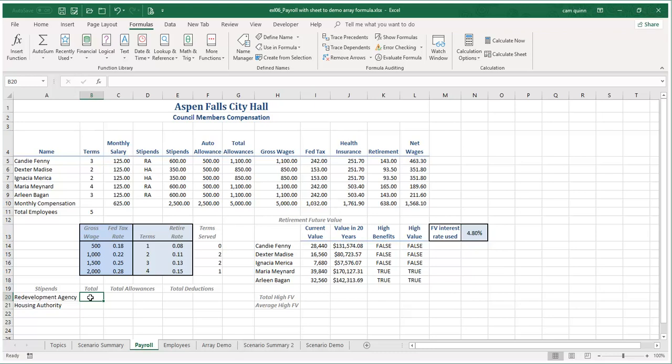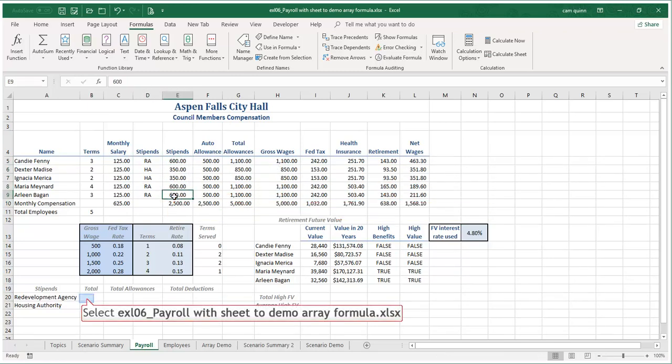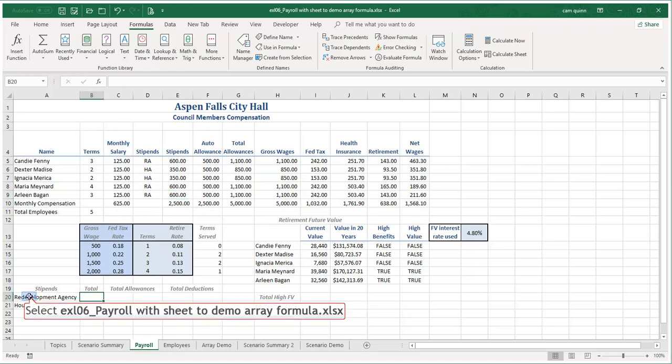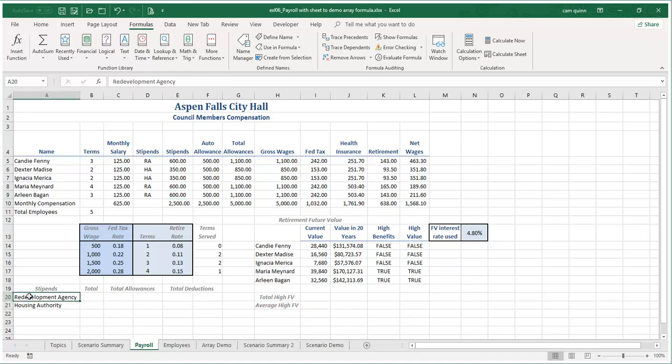So there's my stipends here. If it's RA, it's $600 plus $600 plus $600. So the answer is $1,800. I'm going to change this to show RA and HA, because that's what we're looking for here.